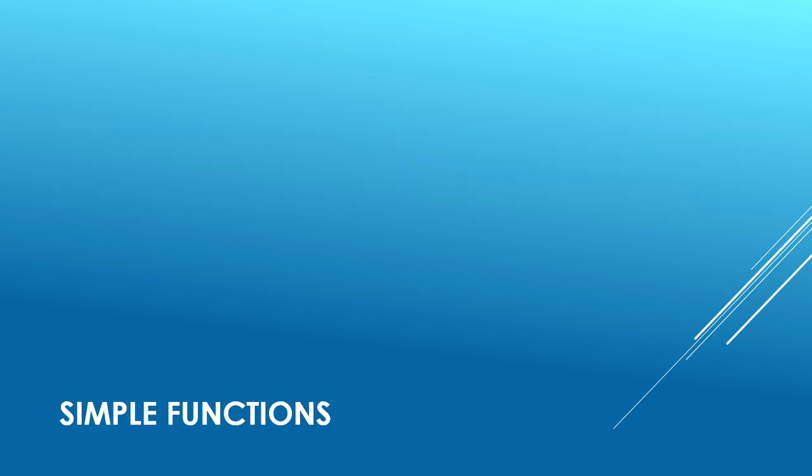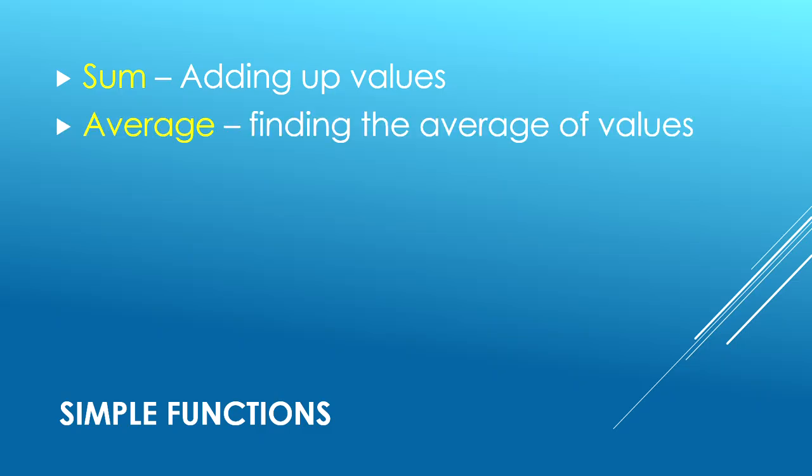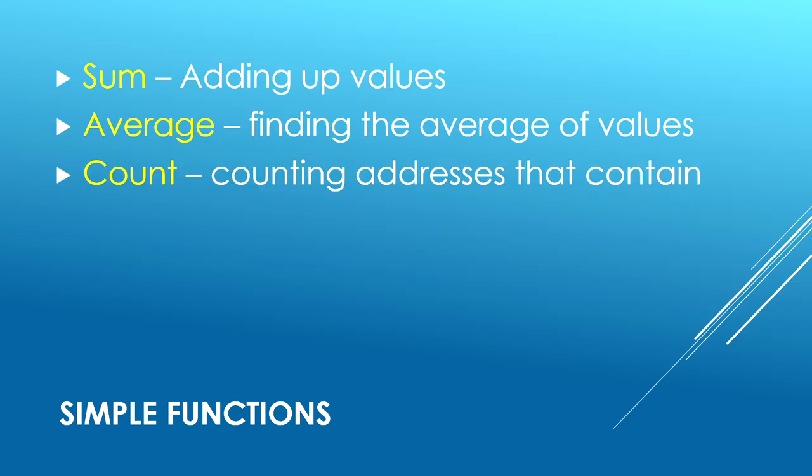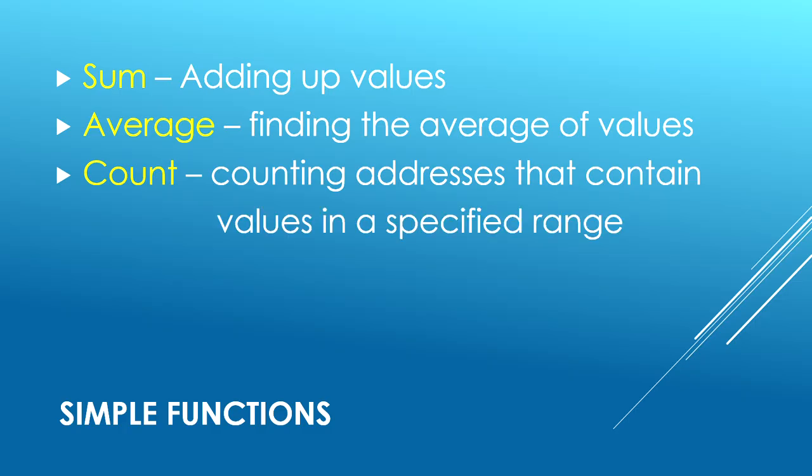We are thus going to look at a couple of functions. We shall see the sum function for adding up values. Then we shall see average, for finding the average of values in a range. We shall see the count function, which counts the addresses that contain numerical values.